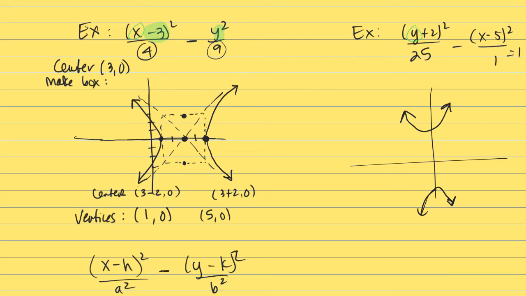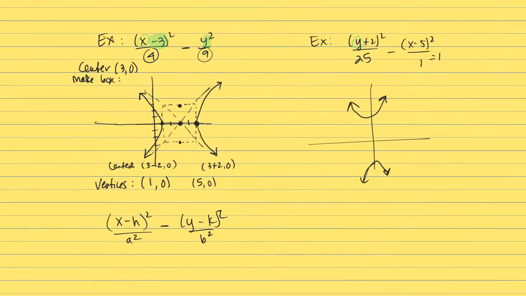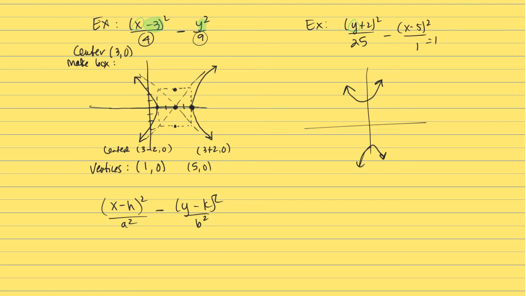So what are the vertices? To me, this is really complicated to try and put into a general form and memorize. If I can do the process, it's easier. But what do we have? We have the center at h, k, right? And if it opens horizontally, then my vertices would be at h minus a, k, and the other one is at h plus a, k.